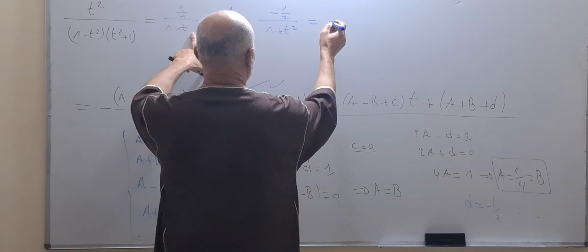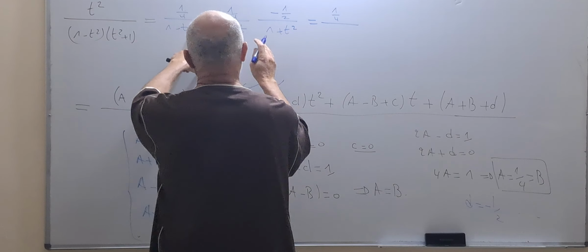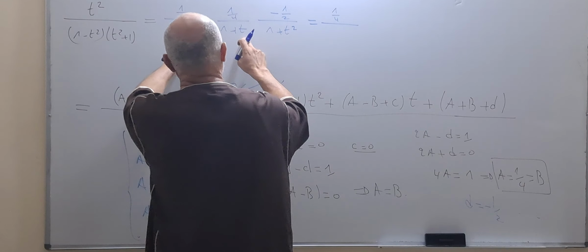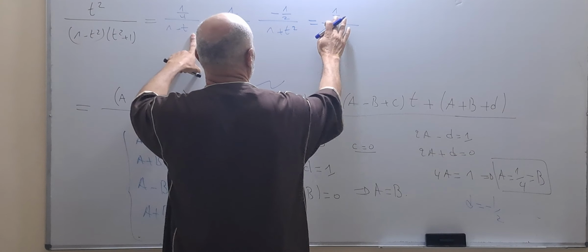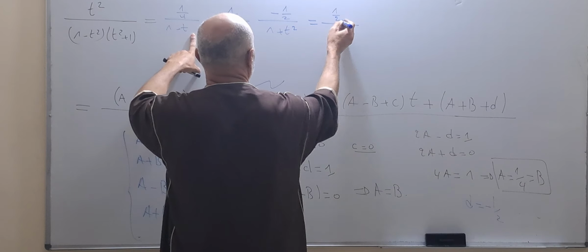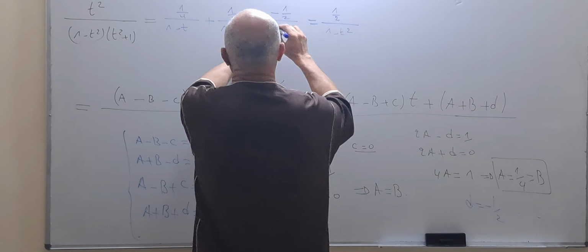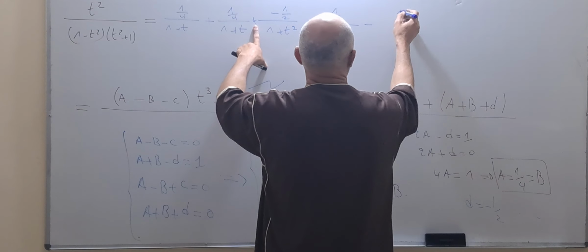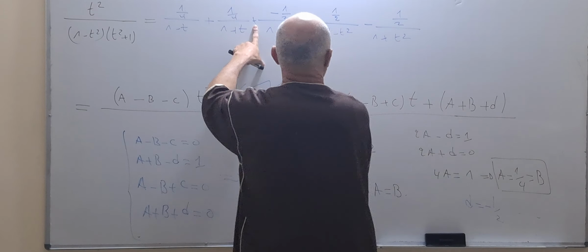Here we have 1 over 4 times 1 plus 1, this means 1 over 2, over 1 minus T square, plus minus 1/2 over 1 plus T square.